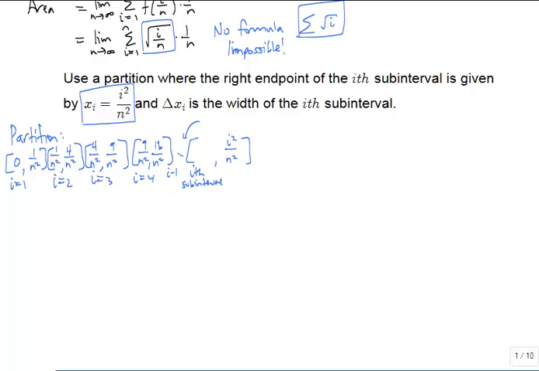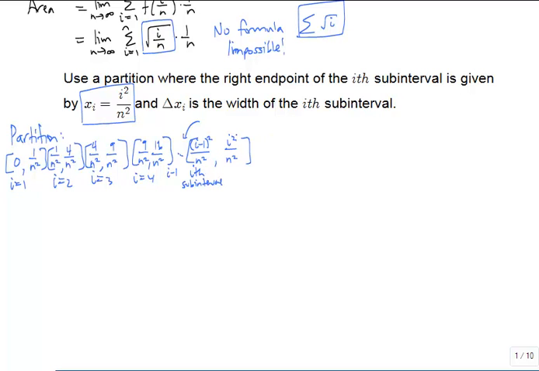So this would be this formula with not i plugged in, but with 1 less than i. So plugging in (i minus 1) squared over n squared. This is what the ith subinterval would look like: i squared over n squared on the right, and (i minus 1) squared over n squared on the left.